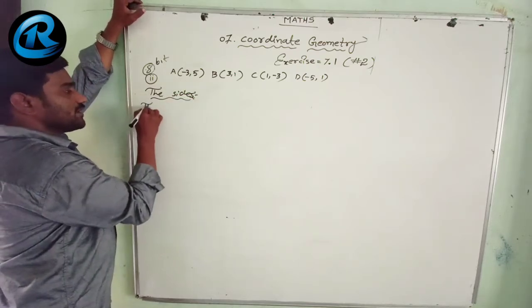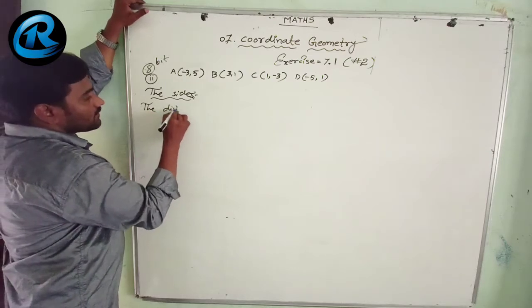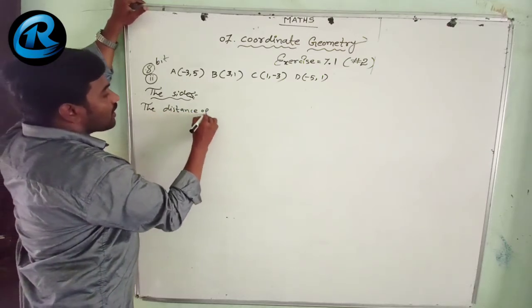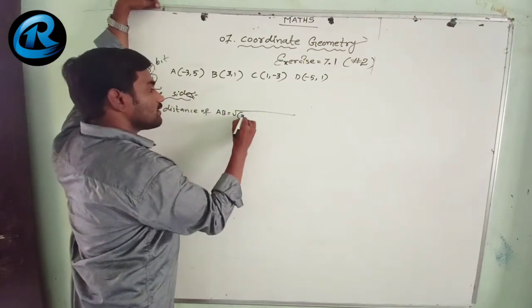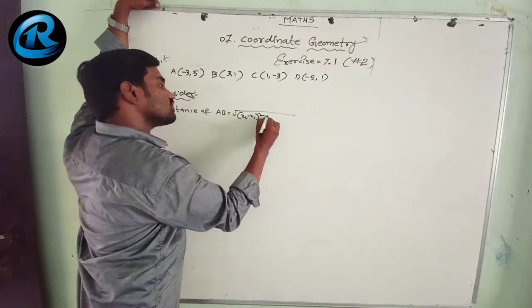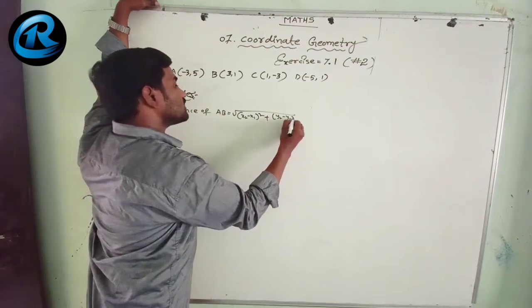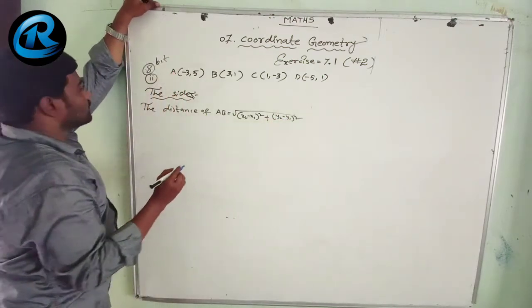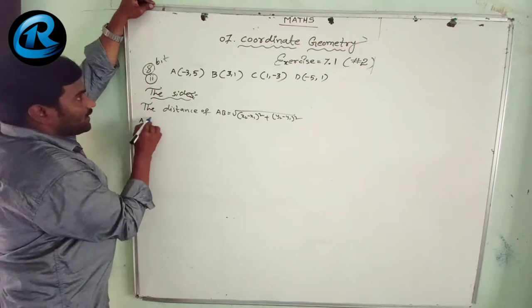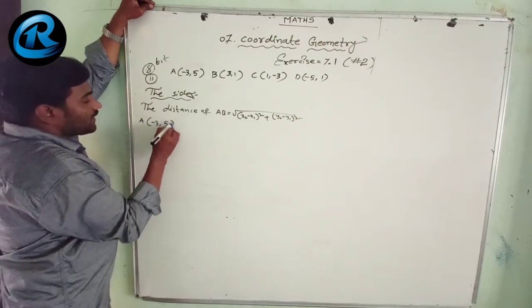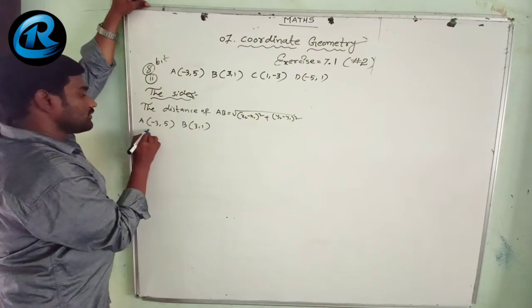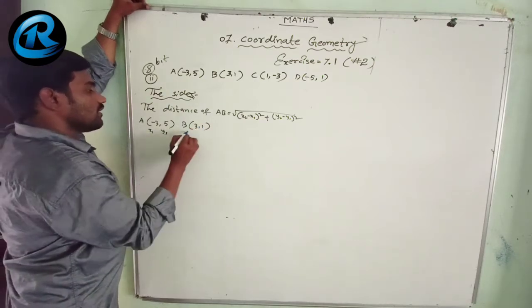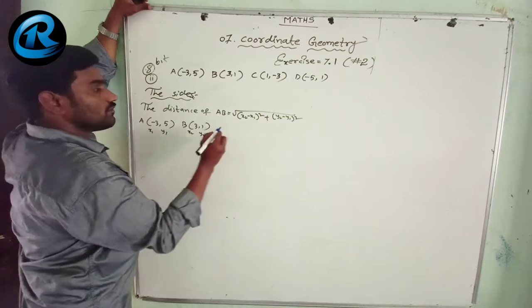The distance of AB equal to under root of x2 minus x1 whole square plus y2 minus y1 whole square. Here A point is minus 3 comma 5 and B point is 3 comma 1, x1 y1 x2 y2.